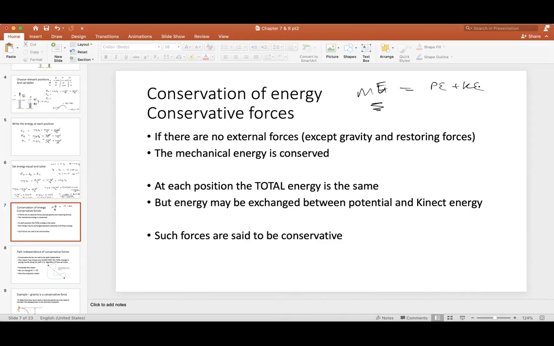But essentially, the idea that the mechanical energy is always a constant value means you could set it to be zero, right? The mechanical energy is zero, which is fine. That doesn't mean the potential energy and the kinetic energy are zero. That means that when you add them together, you always get zero. Or you could set the mechanical energy to be 1 billion joules.